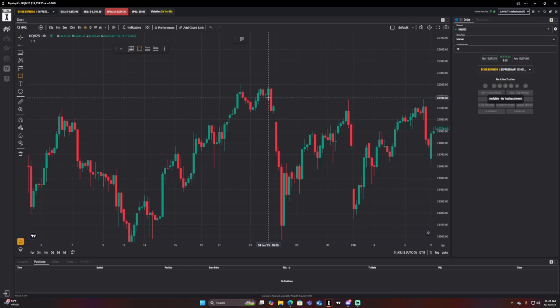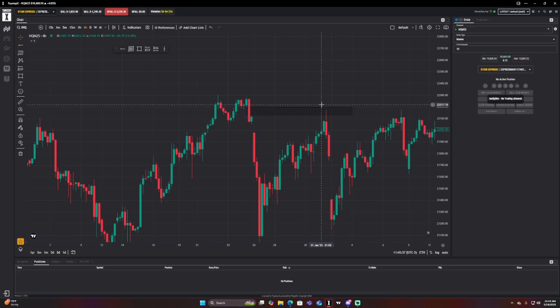But fair value gaps can always be revisited. So as you see here, we created this fair value gap. Price ended up coming down here without filling it, in this area. But what did we end up doing? We bought up and came into this fair value gap. It's still valid because we haven't closed past it.